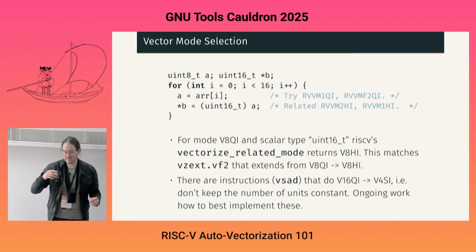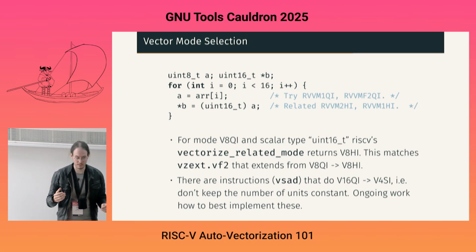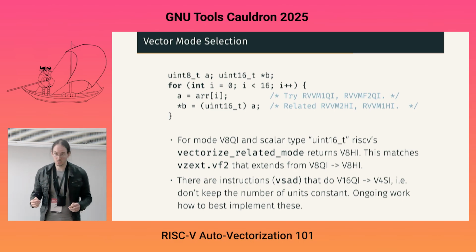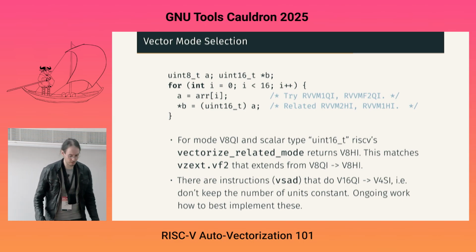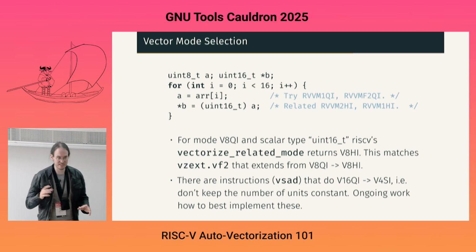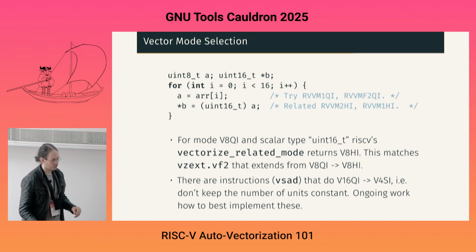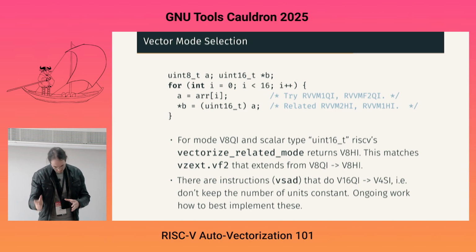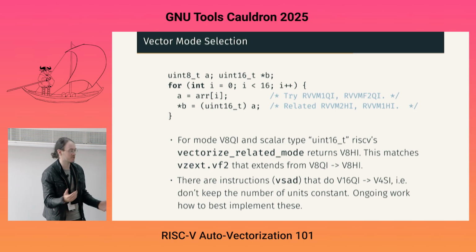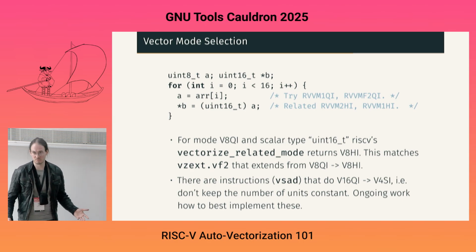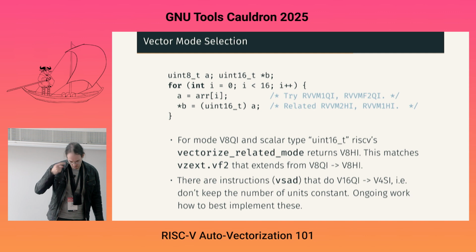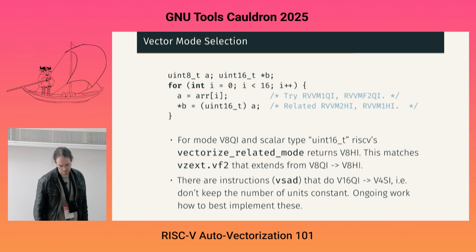And so the number of units don't stay the same. This is ongoing work. We don't have a proper solution how to nicely implement this in this target hook, short of just offering all the other modes as well and throwing 90% away, which is not a great solution. But as I said, that's ongoing work, and we need to figure out a good way.